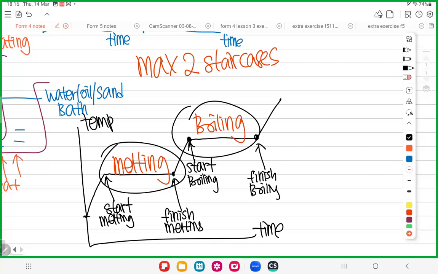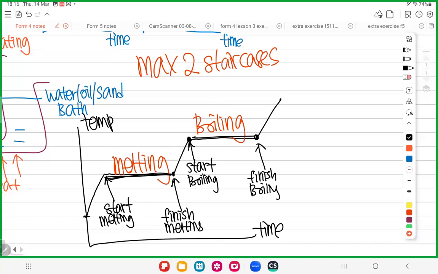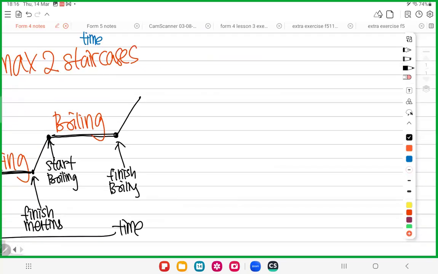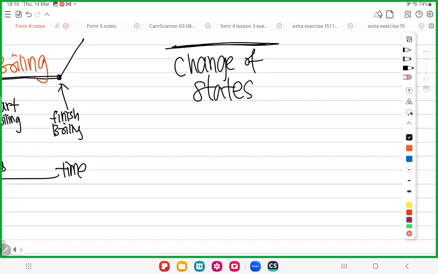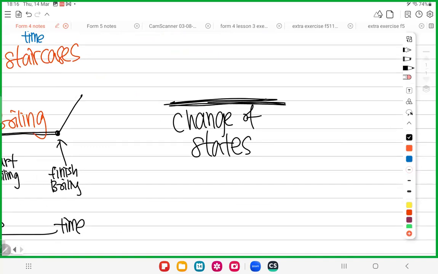So why can we have 2 staircases? Because the horizontal line of the staircase is where you change the state. That's why melting, boiling, freezing, condensation all happen on the horizontal line.